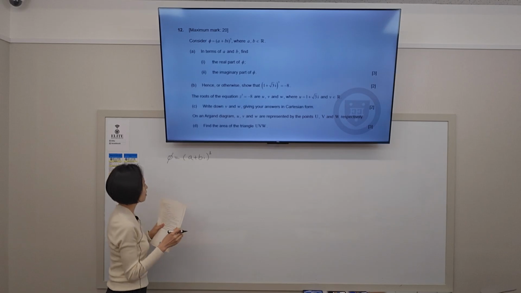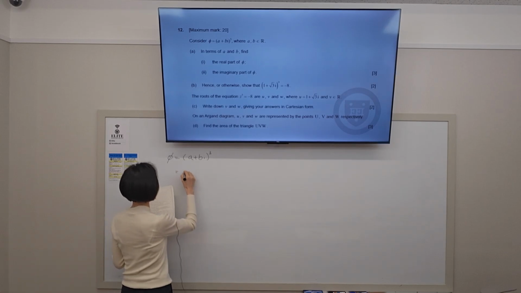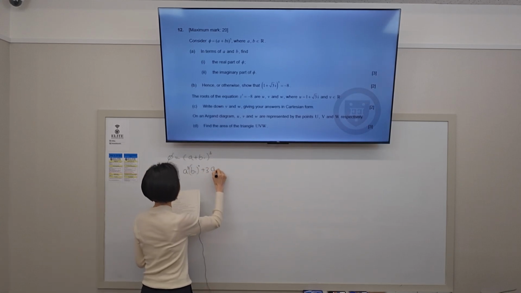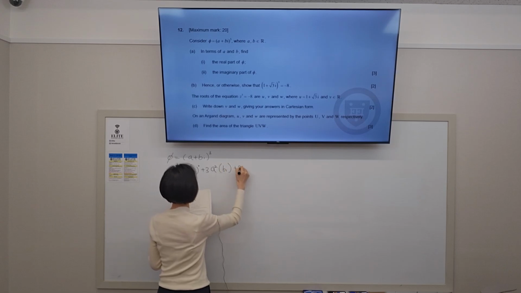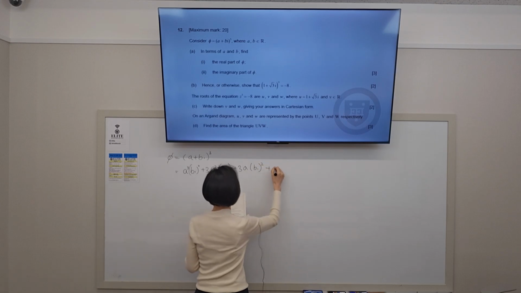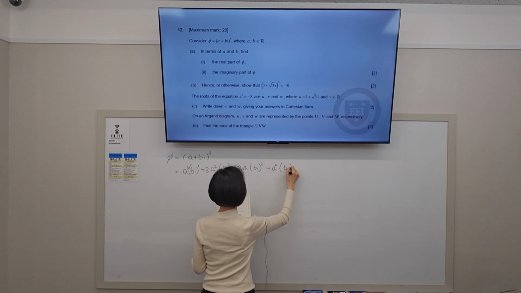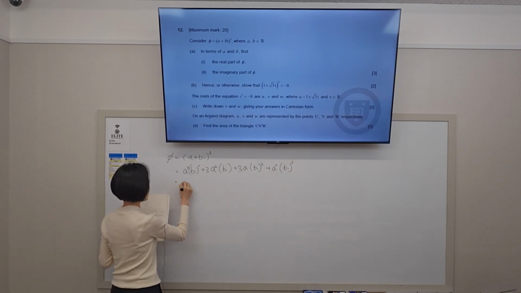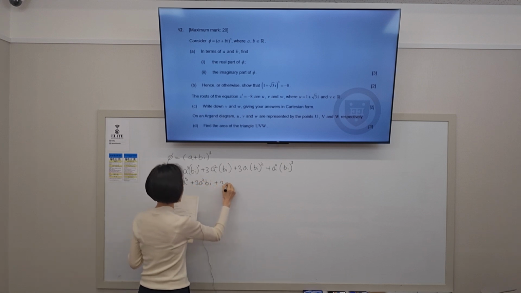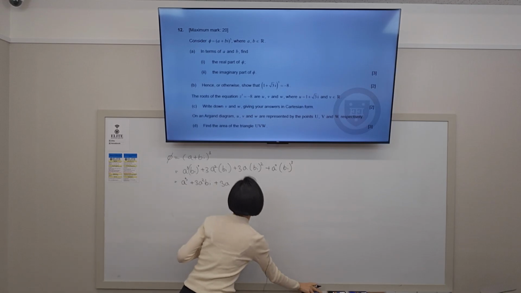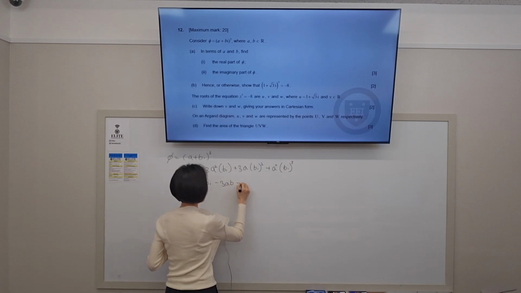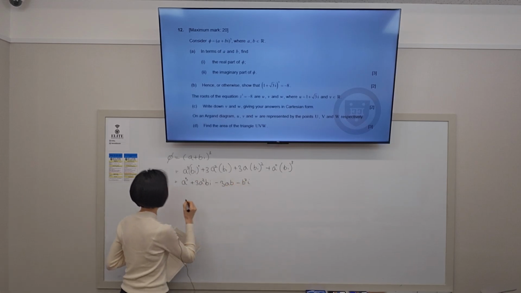I'll apply binomial expansion, which gives a cubed plus 3a squared bi plus 3a (bi) squared plus (bi) cubed, which gives us a cubed plus 3a squared bi minus 3ab squared minus b cubed i.